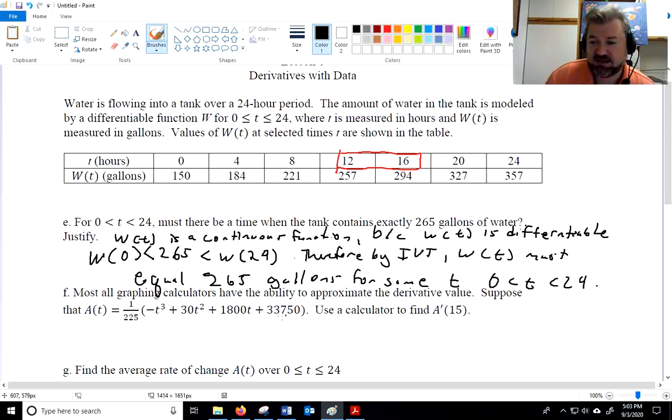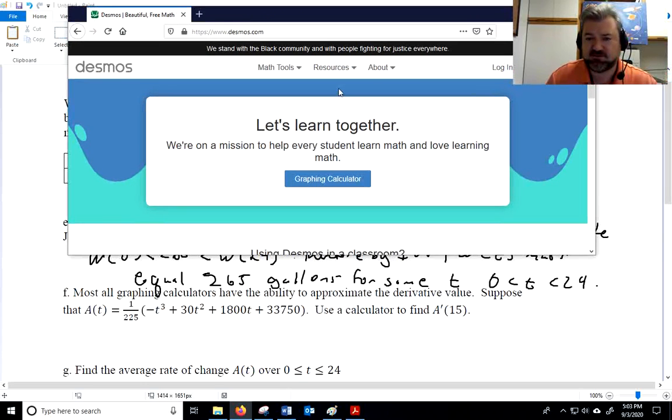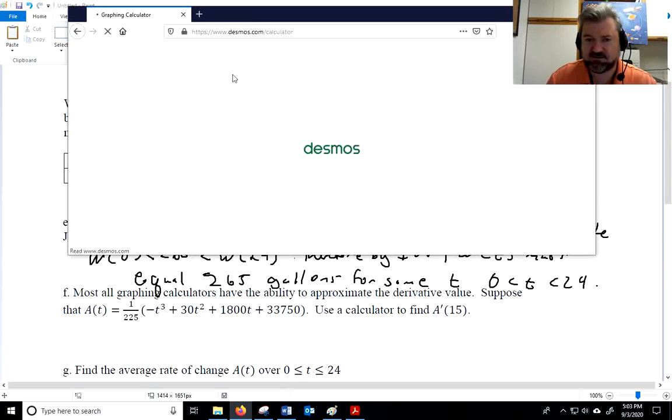We are given an equation. I need to calculate the derivative, and I will do that, a numeric derivative, just like this. It is a shame that I'm having to use a different calculator right now than you will, but it's pretty much the same. So I'm going to go in here, go to graphing calculator, and type it in.